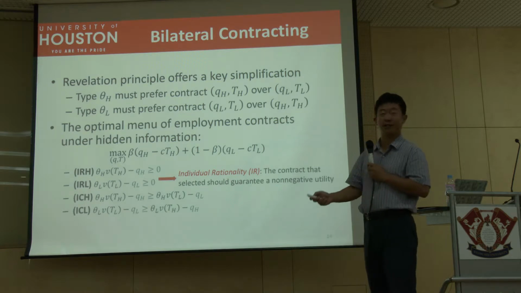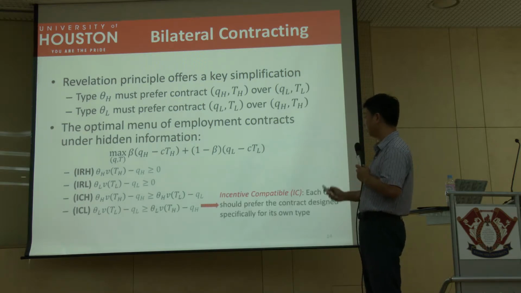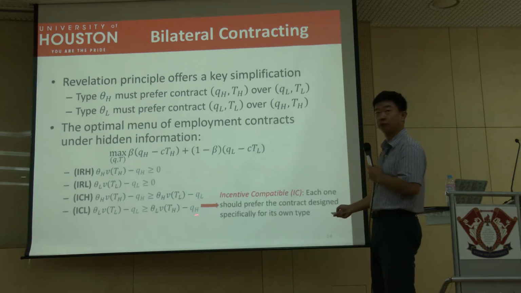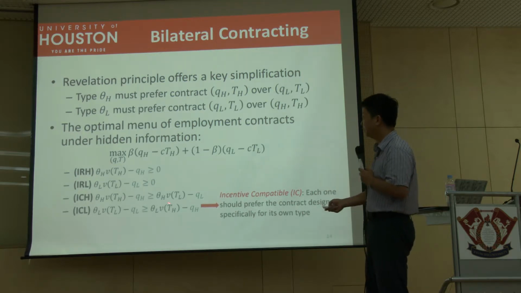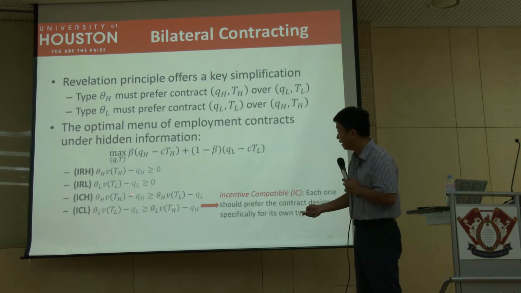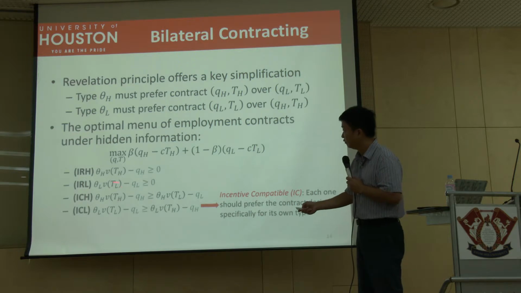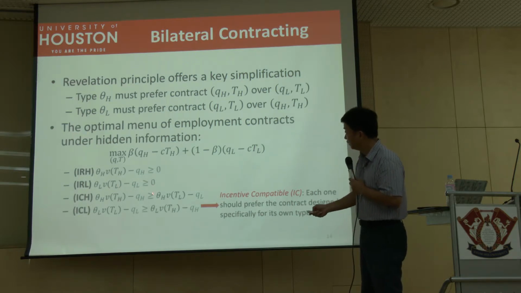This is individual rationality. But the second thing is more important, called incentive compatibility. So the whole contract theory is about this incentive compatibility. This means if the high-capability people select the high contract, they will get a payoff greater than if they select the low contract.